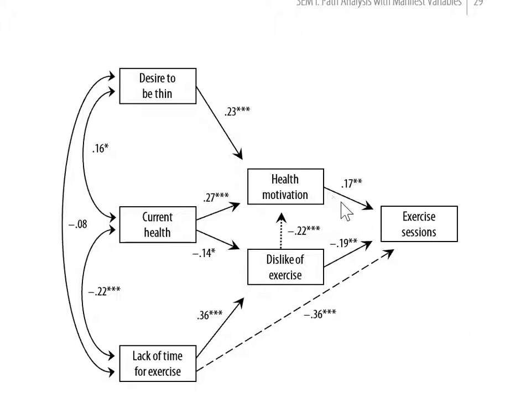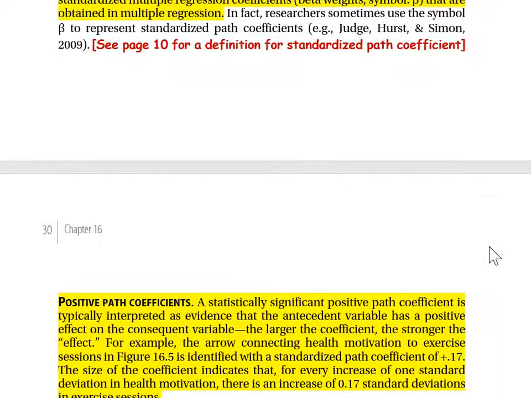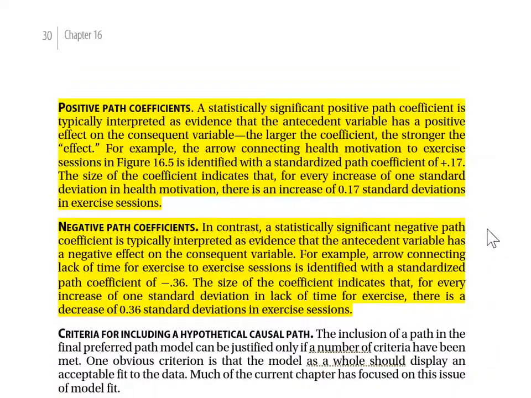The path coefficient is 0.17. It's a standardized path coefficient. That means that for every standard deviation that health motivation goes up, we expect exercise sessions to go up by 0.17 standard deviations. And that's while statistically controlling for any other possible effects in this model. That is what is represented by a positive path coefficient.